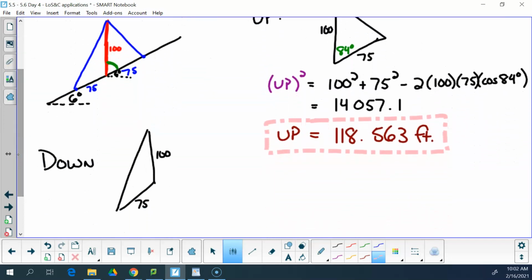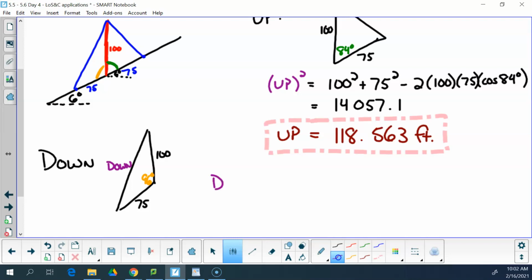On the downside, if this angle, the green angle, was 84 degrees, then the downside angle would be 96 degrees. And again, we are in a law of cosine case.